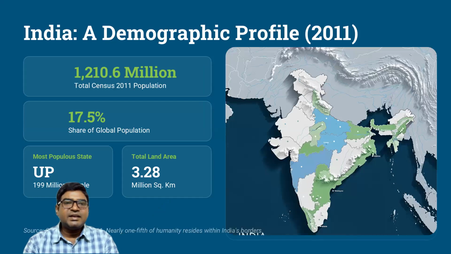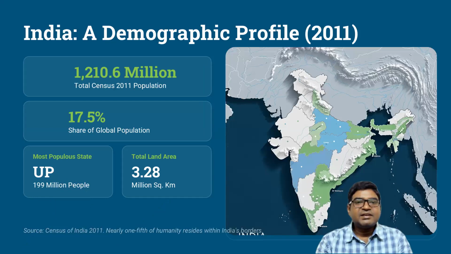If you look at India's demographic setup, the total population as per the 2011 census is 1210.6 million, and our share of the global population is 17.5%.